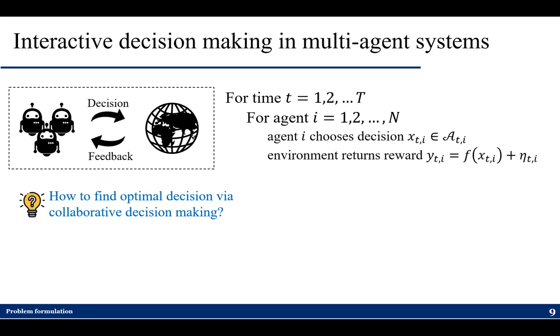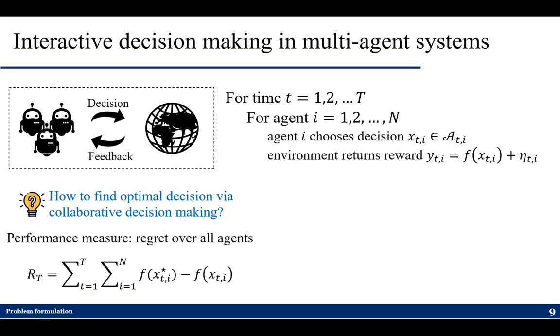Okay. So this is an even more specific formulation of what we are working on. At every time step, we assume every agent, in total there are capital N agents, will make a decision denoted by x_t^i. Then the environment will return some reward y_t^i. And we want to minimize the regret incurred by all the agents in this system.